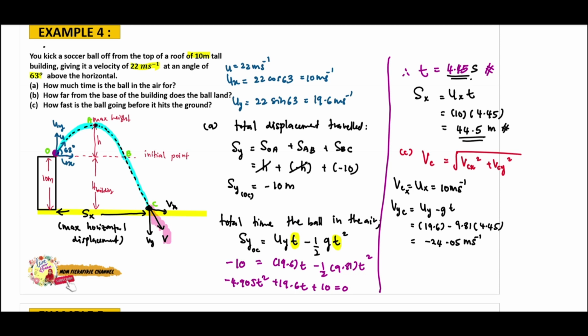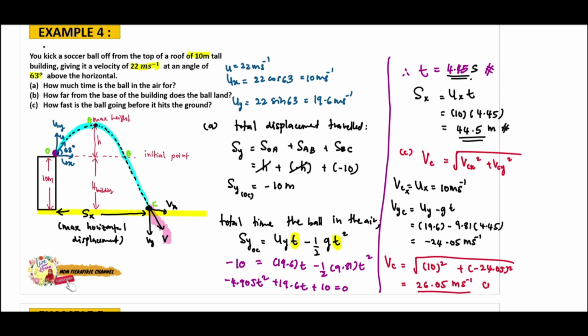So baru dapat VCX dengan VYC. Okay, kita mesti kira VC lah. Substitute in the formula. Okay, masukkan nilai dia. Plus negative 24.05 squared. Okay, so berapa dapat? So the answer should be 26.05 meter per second.